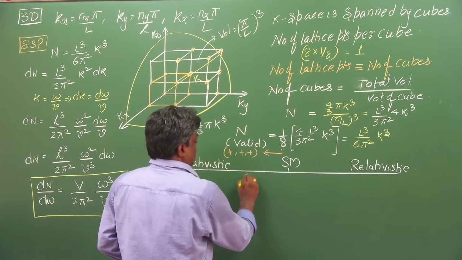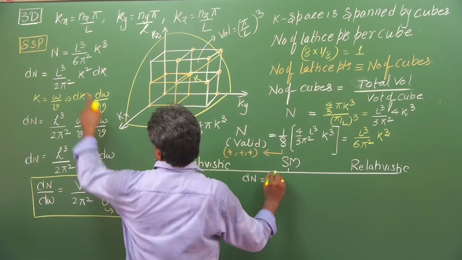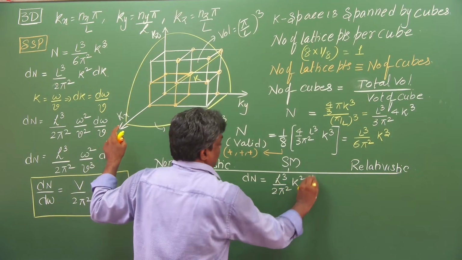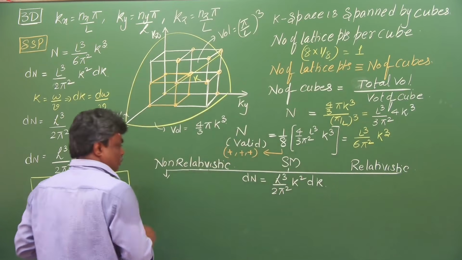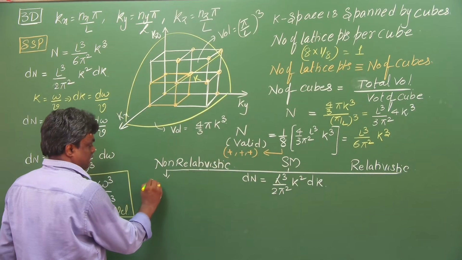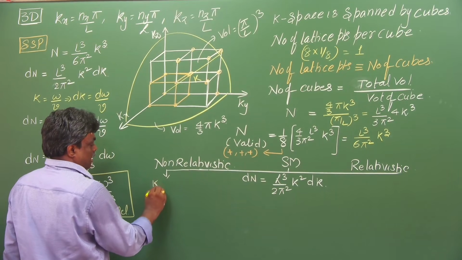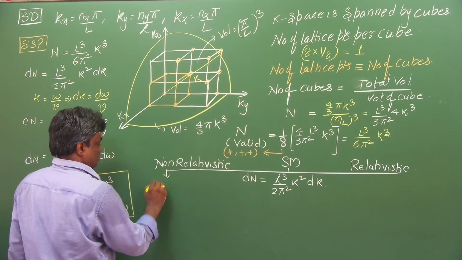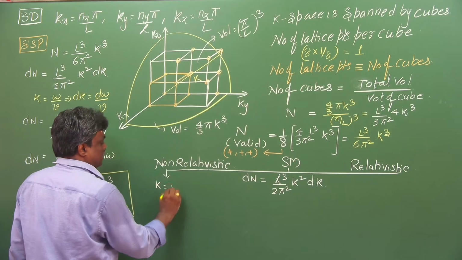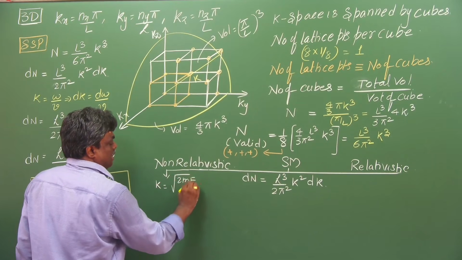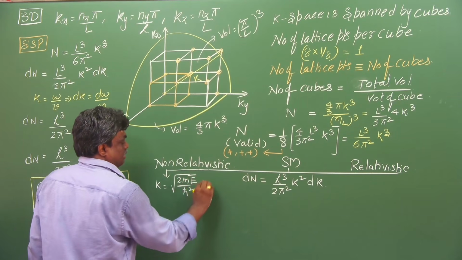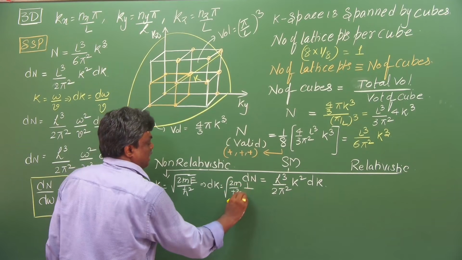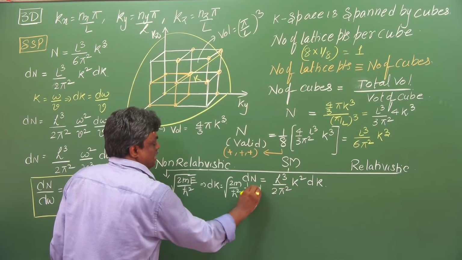And for SM, dn equal to the same thing, L cube by 2 pi square k square dk, and you know what to substitute for non-relativistic. So k equal to under root 2mE by h cross square. That implies dk equal to under root 2m by h cross square into 1 by 2 root E dE.